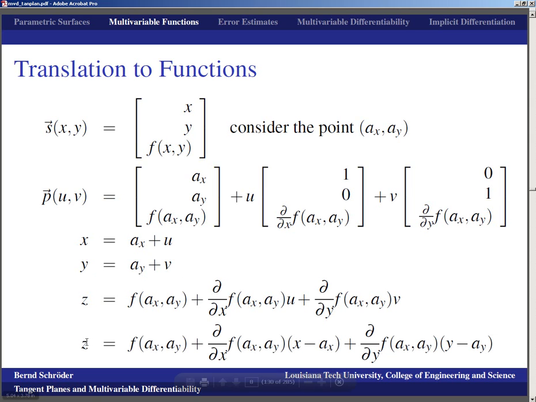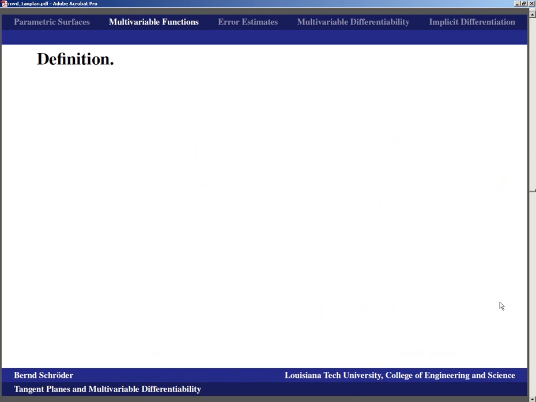If we plug that in, we get that z is f(ax, ay) plus the partial of f with respect to x at the point where we want to take the tangent plane times x minus ax, which is the x distance from the point at which we are taking the tangent plane, plus the partial of f with respect to y at (ax, ay) times y minus ay, so also times the component of the displacement in the y direction.